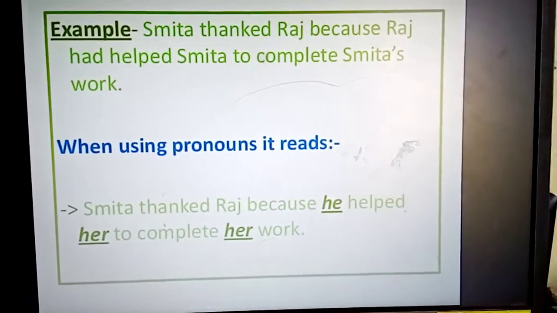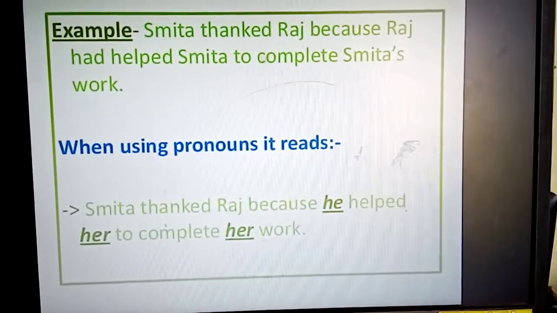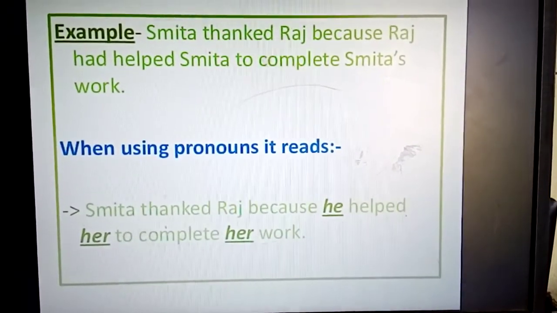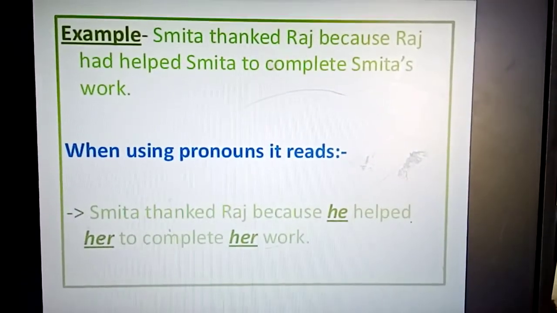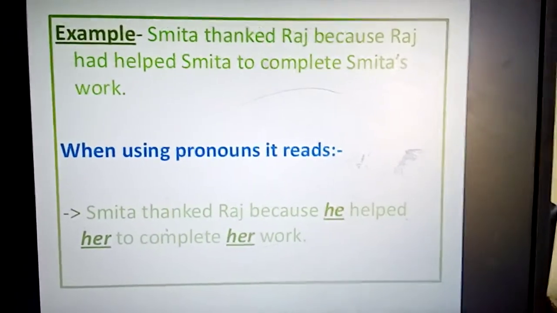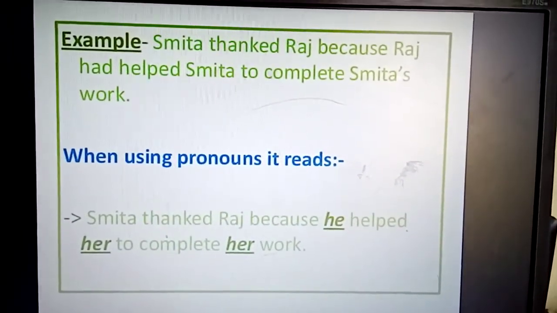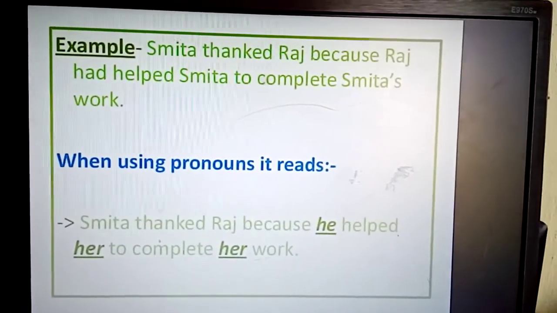The first Asmita is a noun, thanked is a verb, Raj is again a noun, because is a conjunction, Raj again a noun. Had is a helping verb here, and helped is the main verb.